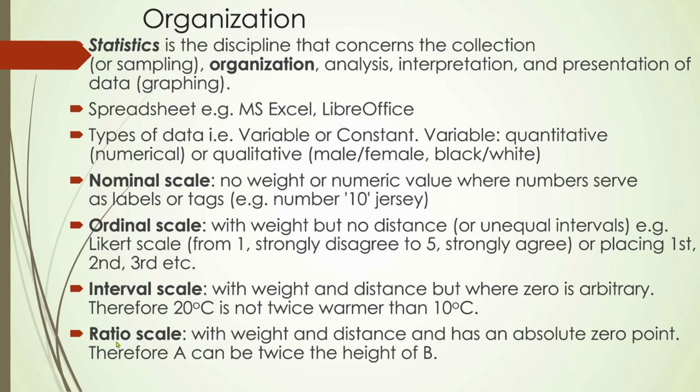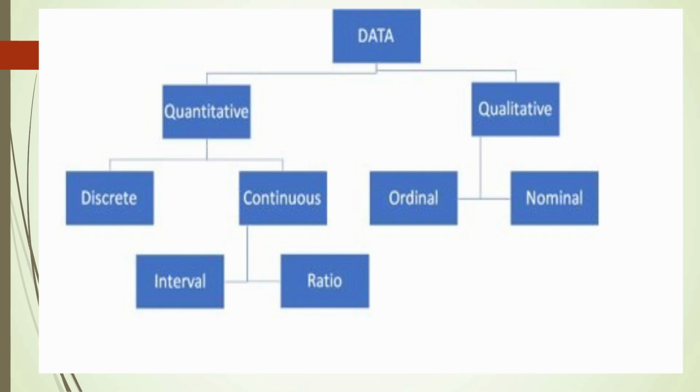In contrast, a ratio scale has weight and distance and an absolute zero point. So if A is 10 feet tall and B is 5 feet tall, then you can safely say that A is twice the height of B. This is a characteristic of a scale that has an absolute zero point. This slide shows how you can group all the types of data that you have learned, quantitative or qualitative.